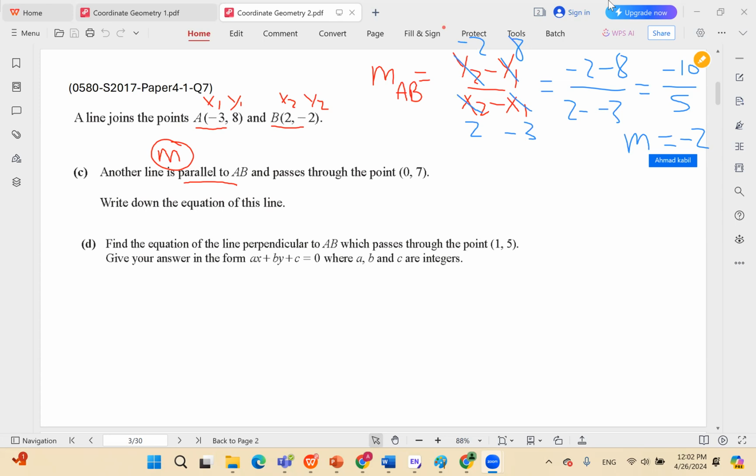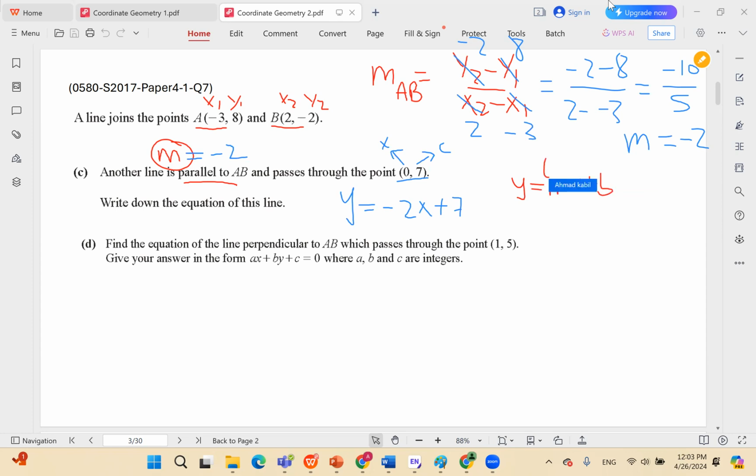And since our line is parallel to AB, our line has a gradient of -2 as well. And it passes through the point (0, 7). We said before that if x is 0, y is c. So y equals -2x plus 7. If you don't understand this technique, you can always use y equals mx plus c and plug in the point.